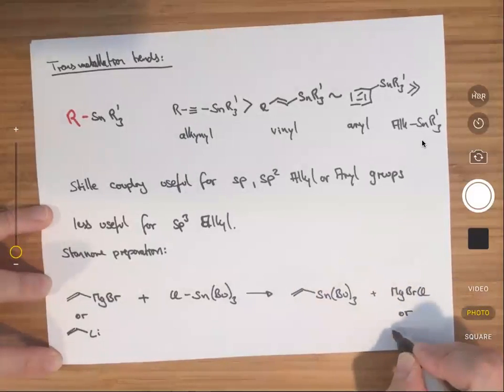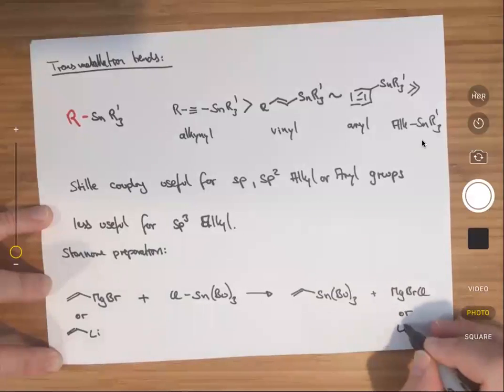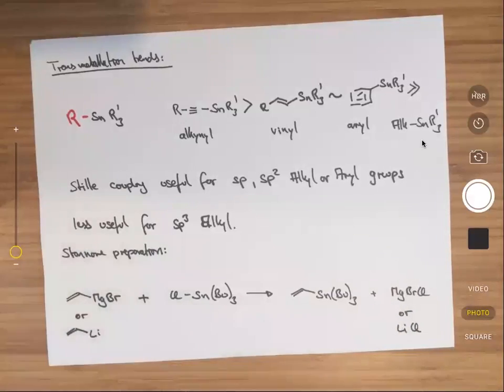Or in this case, if you use the organolithium reagent, you get lithium chloride, right? And these can be basically used as they are generated in this reaction, and they're easy to purify and to separate. All right, so this is as much as we want to talk about the Stille coupling.